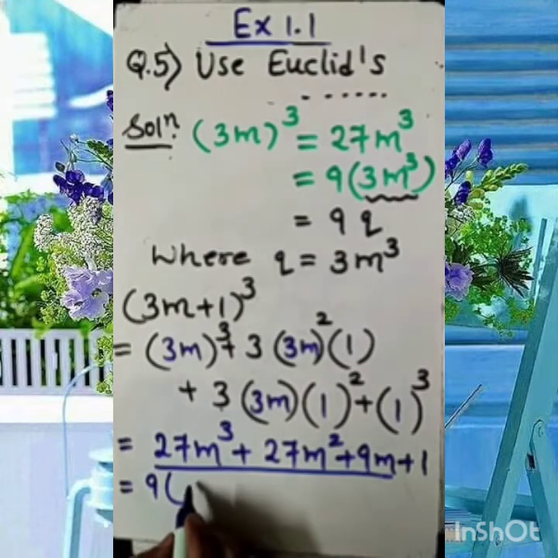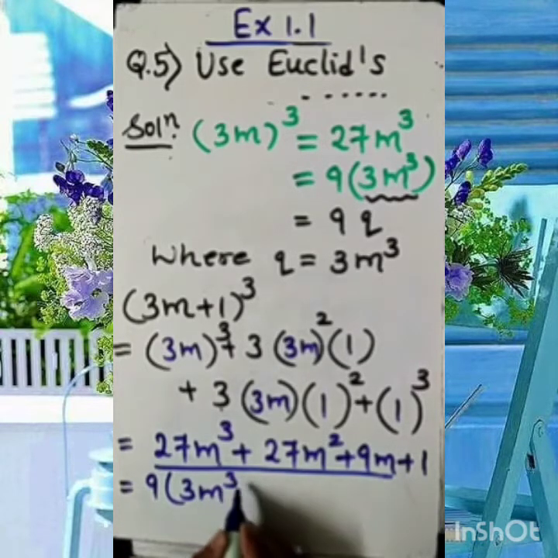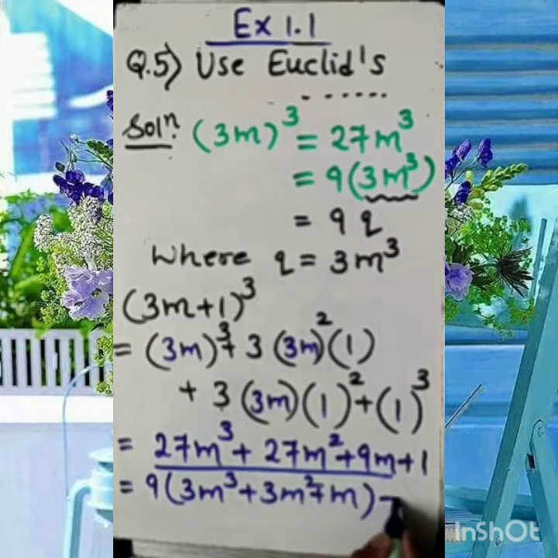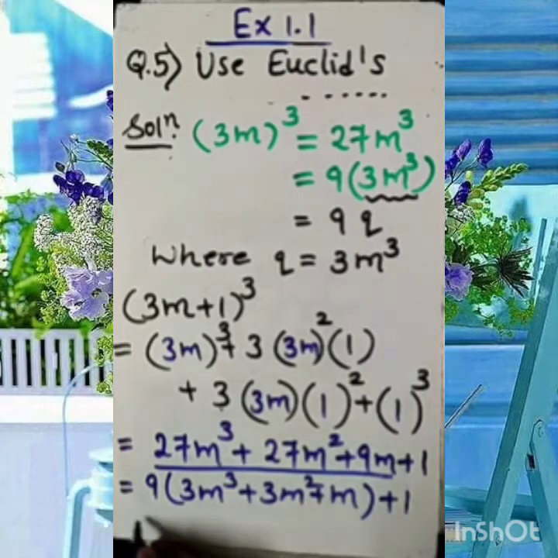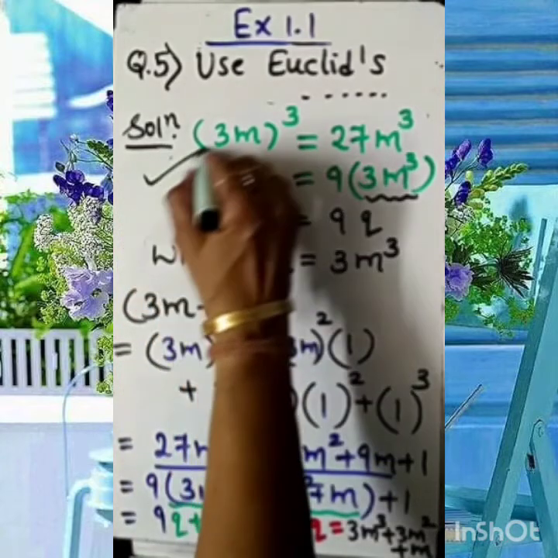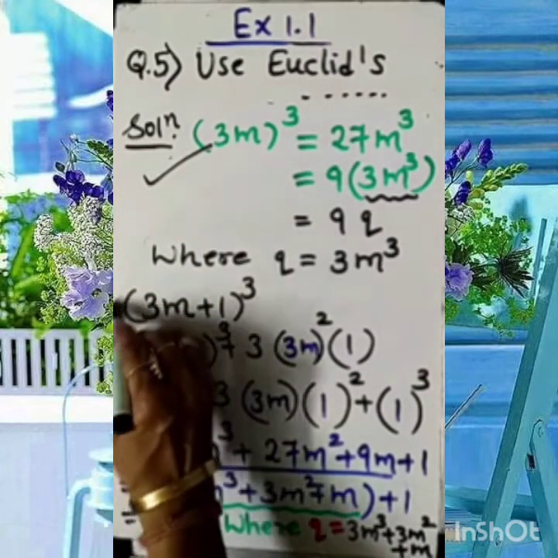What do I have left? 3m cube plus 3m square plus m, plus 1. So I can write it as 9q plus 1, where the value of q is 3m cube plus 3m square plus m. Now this we have found for 3m whole cube and 3m plus 1 whole cube.